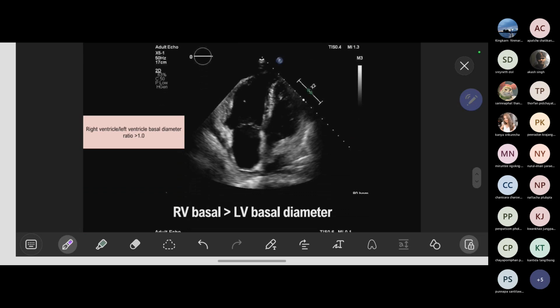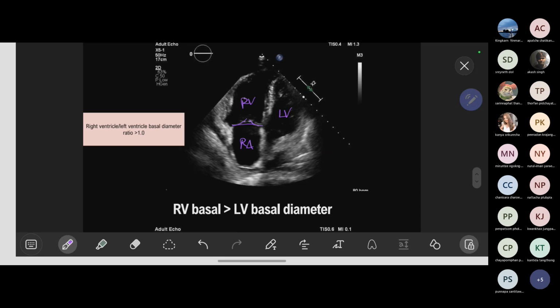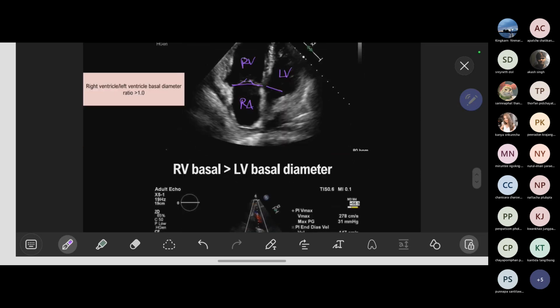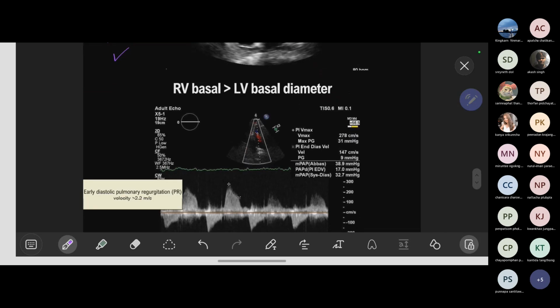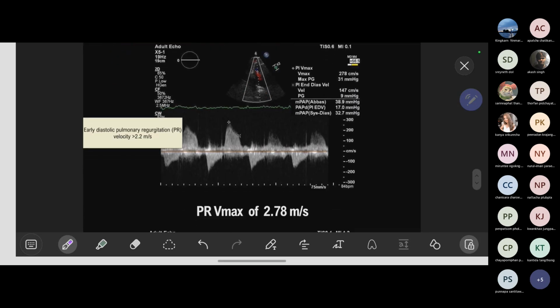And this is the RV, RA, LV, tricuspid valve, and RV basal. RV basal diameter is more than LV basal diameter. So the ventricle category is abnormal.